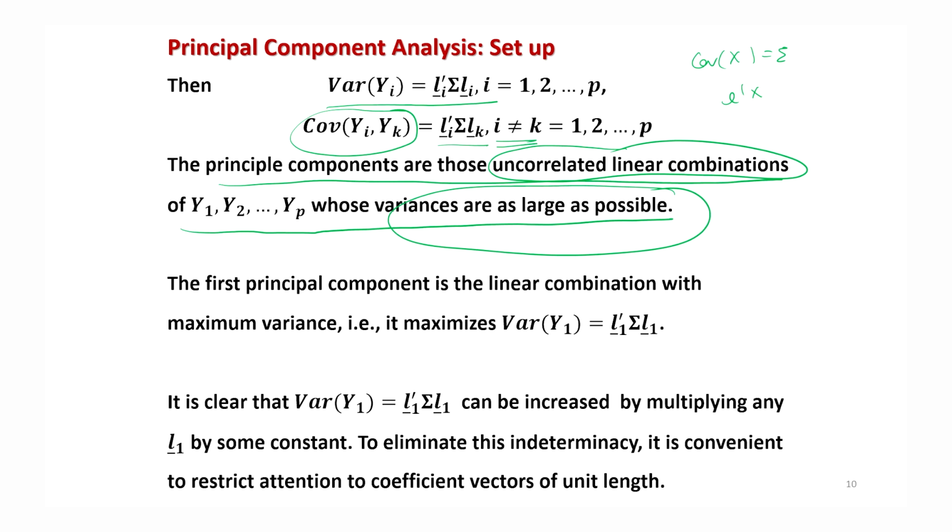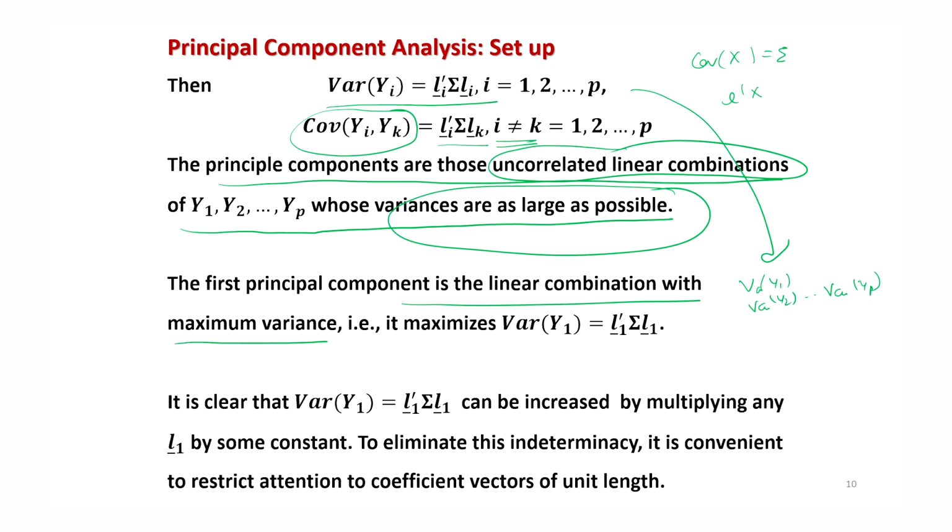So the first principal component which we are going to obtain is the linear combination with the maximum variance, right? Because you will have the variance of Y1, variance of Y2, up to the variance of Yp.